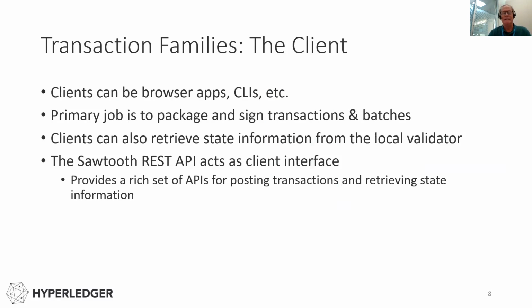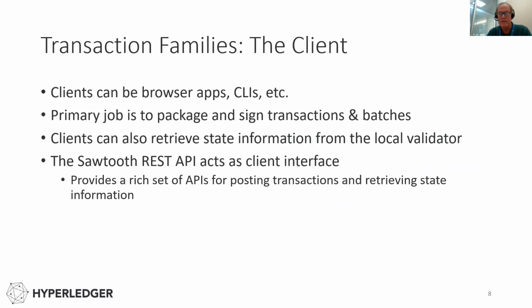A client submits transactions, and a client also reads, if it needs to read, the current values in global state. The primary job is the former. It's to package up and sign and ship off that transaction or a group of transactions or batches. The second part is clients could also retrieve state information to learn the current value of one or more objects.